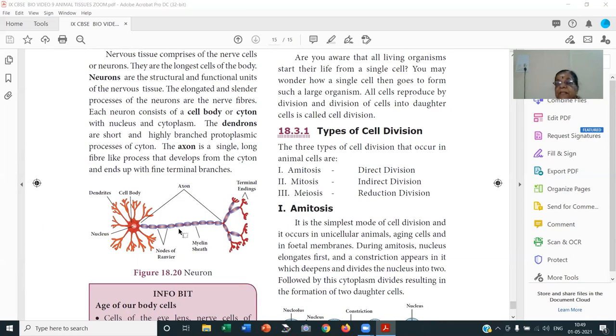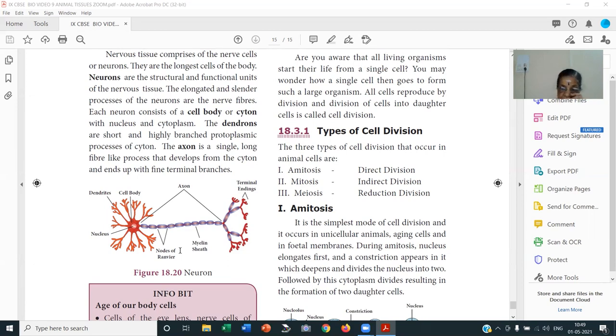Put the proper spelling, N-E-U-R-I-L-E-M-M-A, neurilemma. And then the constriction is called nodes of Ranvier.